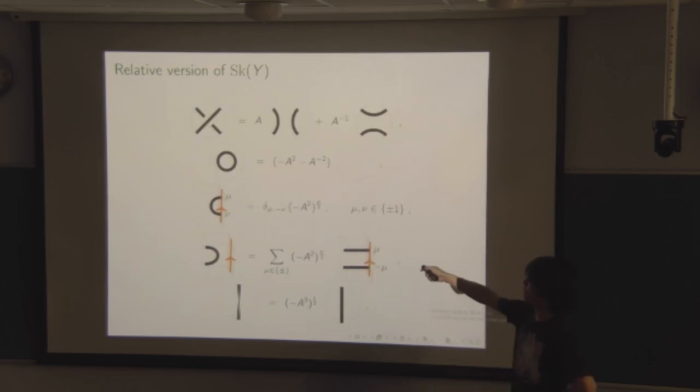The first two are the ordinary skein relations in the Kauffman bracket skein module that we saw earlier. This last one, it's not necessary. I'm putting it just for simplicity.